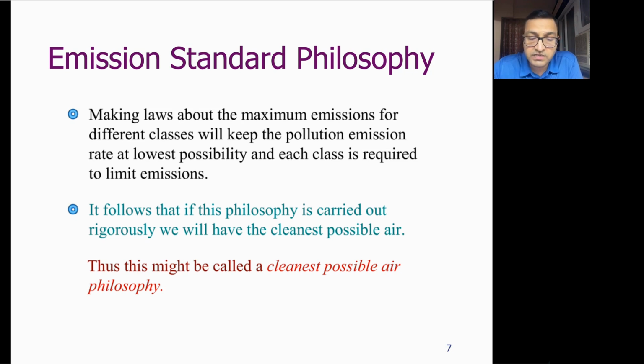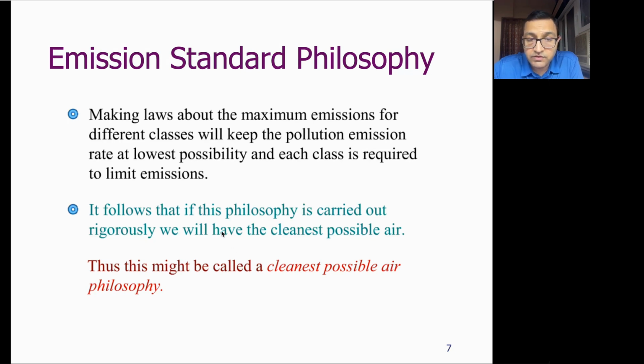When I talk of class, it could be automobiles, cement plants, or a certain kind of product that's being produced, and a certain class of those products, automobile industries, construction industry, which have some kind of commonality. So you can make laws about what can be the maximum emissions from tailpipes of, say, SUVs, or, as I said, the cement concrete plants, and then what is the lowest possible emissions for each class.